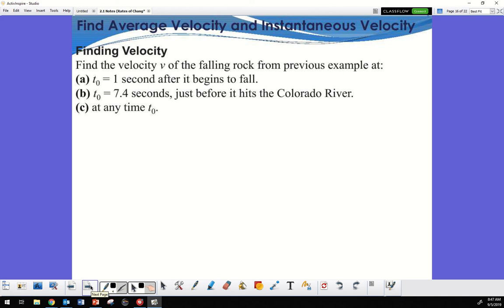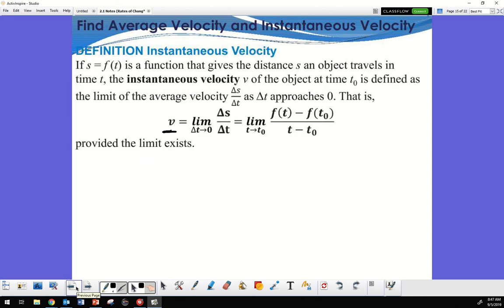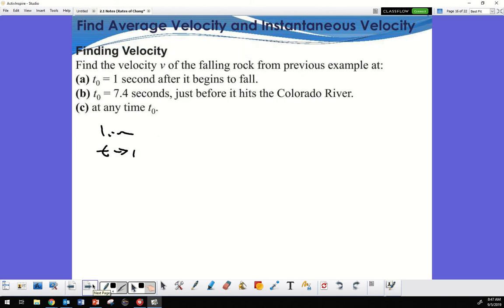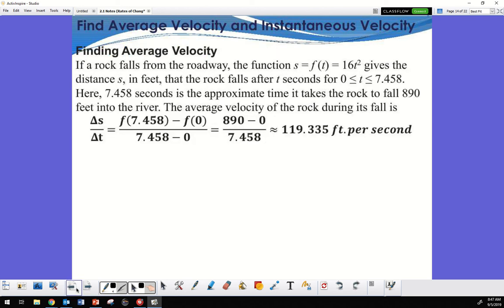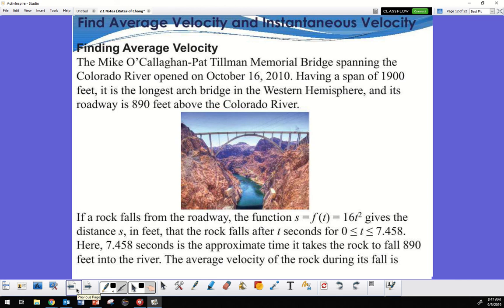Okay, so now let's do the same thing after 1 second. So now I'm doing the limit as t goes to 1, right? What was f of t? For this one, 16t squared, right?